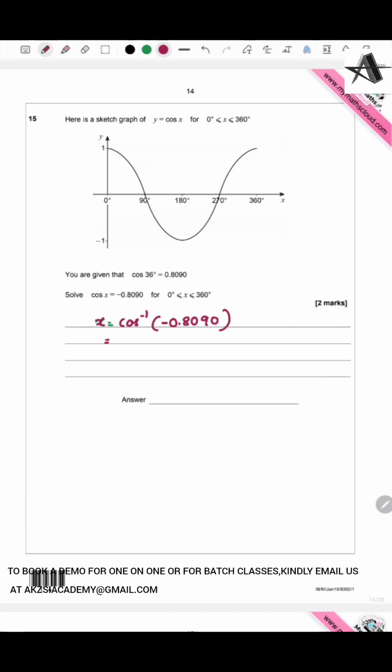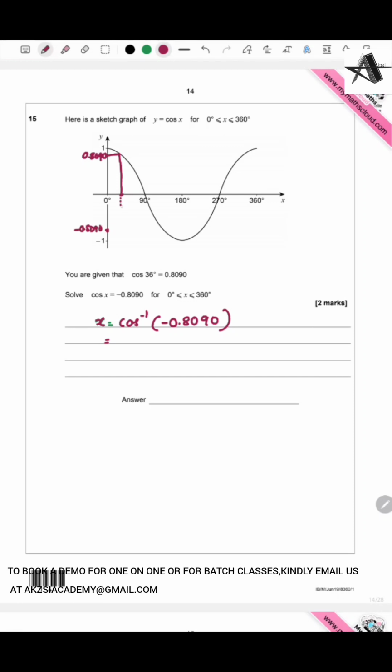If it would be calculator, you can easily use cos inverse, but here for the reference they have given, see, if cos 36 degrees, that means 36 would be somewhere here, and it's like this, is 0.8090, that means the value of y is 0.8090. So the negative value will be here, negative 0.8090.